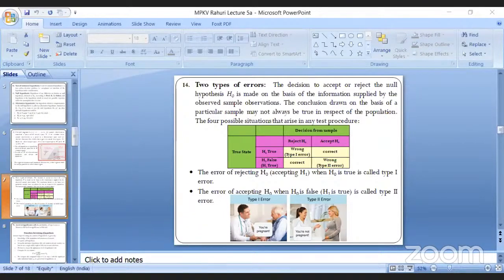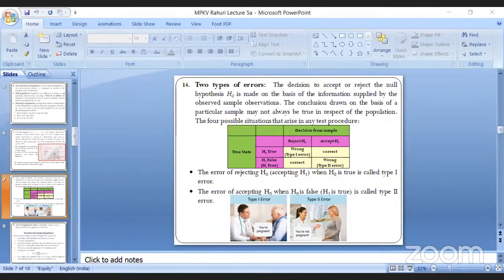So here I will give you one simple clue. Here you see, "accept" has two C's. So we go for type 2 when we accept the null hypothesis when it is false. See, error means what?